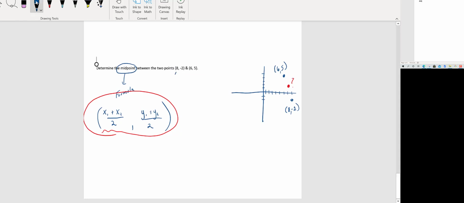So there's my x1, y1. There's my x2, y2. And I'm going to substitute those into the formula. So I'm adding the x's together and dividing by 2. And I'm adding the y's together and dividing by 2.